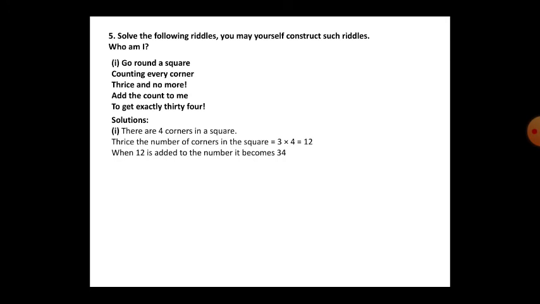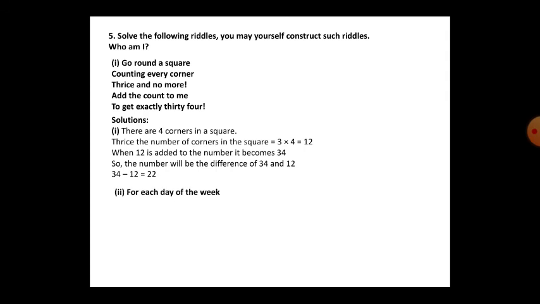The total is 34, and the clue is 12. So you have to subtract: 34 minus 12, you will get 22. That 22 is the number. If you add it with 12, you will get 34.